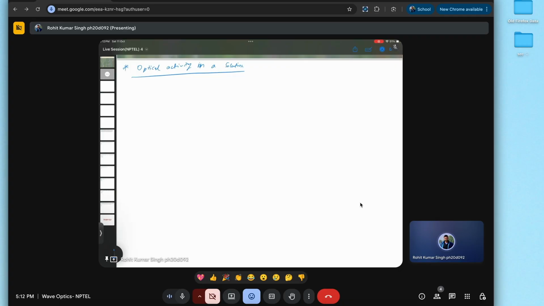So concentration, you guys know, right? Dilute and concentrated solution. If you have studied a little bit of chemistry, you should know what concentration is. Basically it's moles per volume.